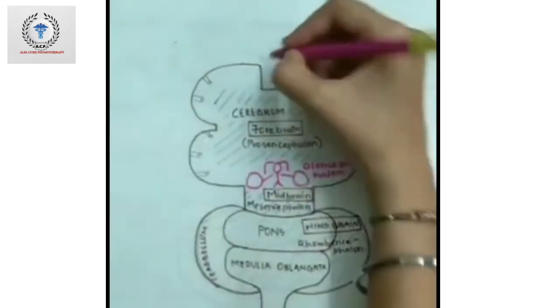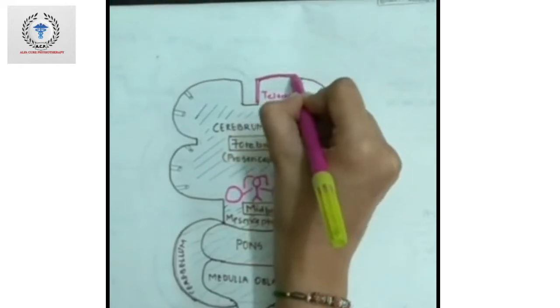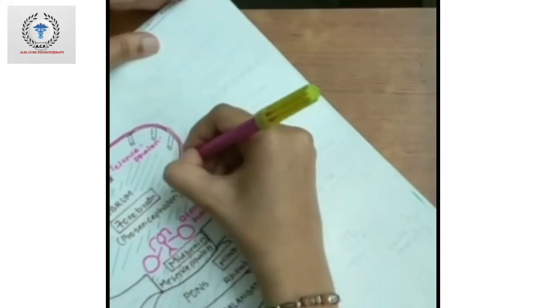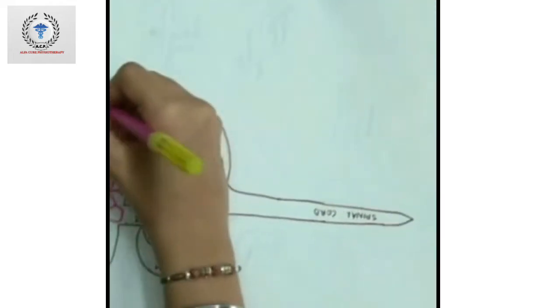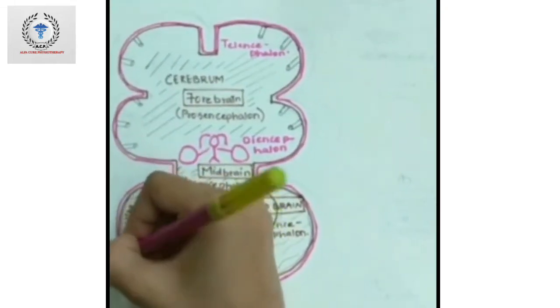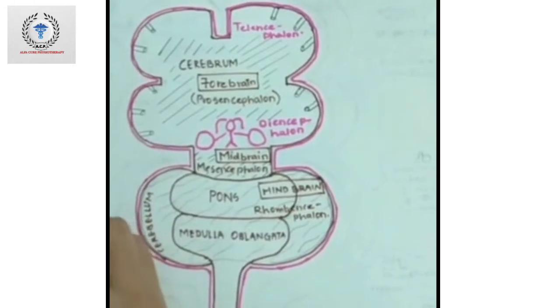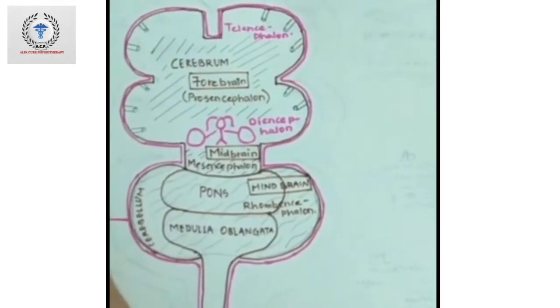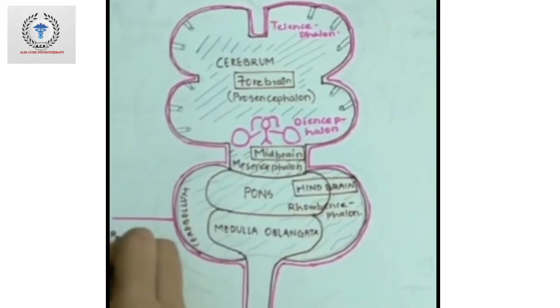Now let us talk about the layers around the central nervous system. There is presence of 3 layers around the central nervous system. Deepest layer is the pia mater, which is soft layer. It is the closest layer covering the central nervous system and it is highly vascular.